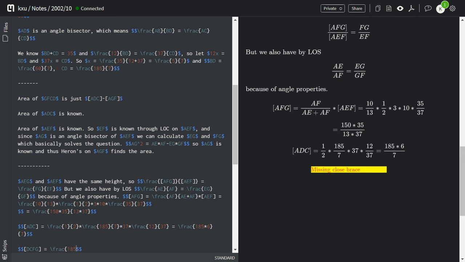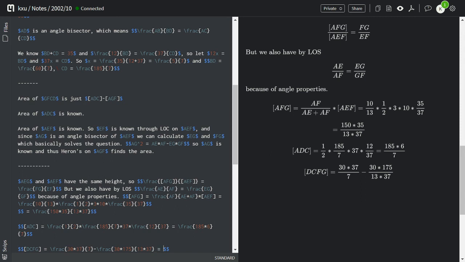Let's simplify that a bit. 185 is 37 times 5, so it's 30 times 37 over 7 minus 30 times 35 times 5, 175 over 13 times 37, right?